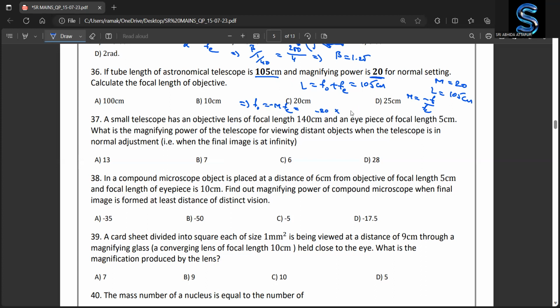On simplifying, we get f naught equals 100 centimeters. So the option is A.